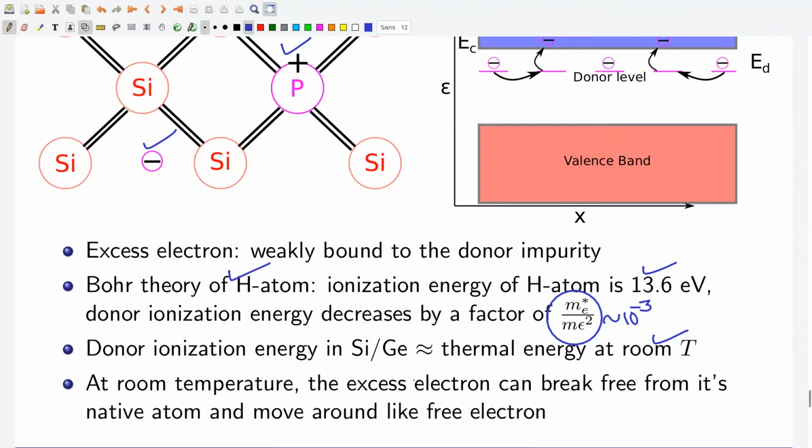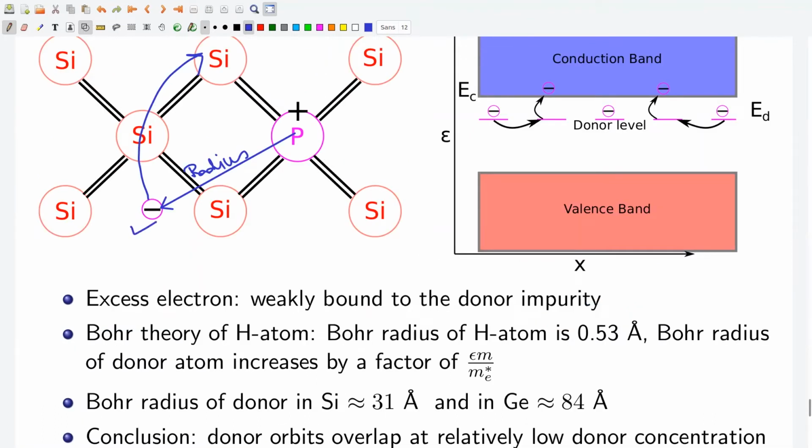This is the broken bond model of semiconductor, where an electron breaks free from its native atom and can move around like free electrons in a crystal. The weakly bound electron is orbiting around the positively charged donor impurity. We also have estimated the Bohr radius of the weakly bound electron using Bohr theory of hydrogen atom.